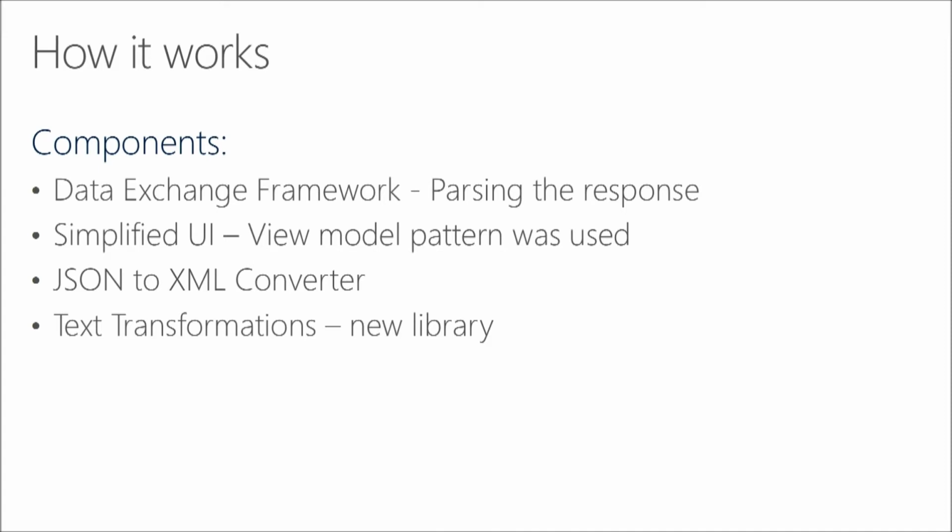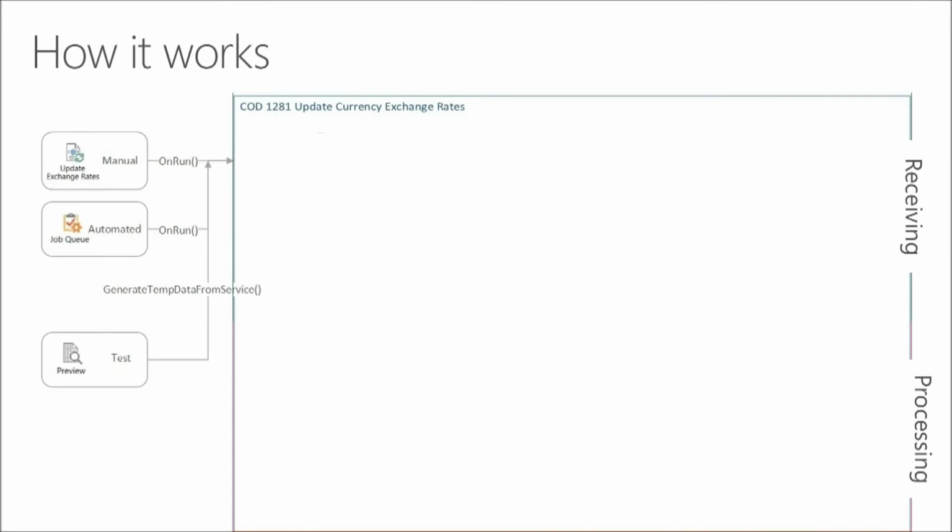The text transformations were written as a separate library that you can reuse for any code that you would like. We are just using it for this one. So this is the flow. The user can start the procedure by using these 3 actions, either manually, or it can run in the background, or they can use the preview action as a test.